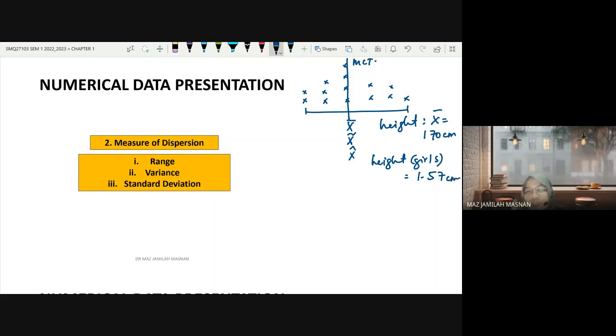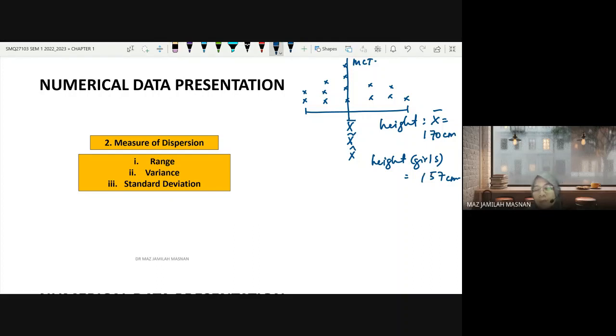Then I would say to Firdaus, how come you say the average height is 170? But when I see your female friends, their height is 157.